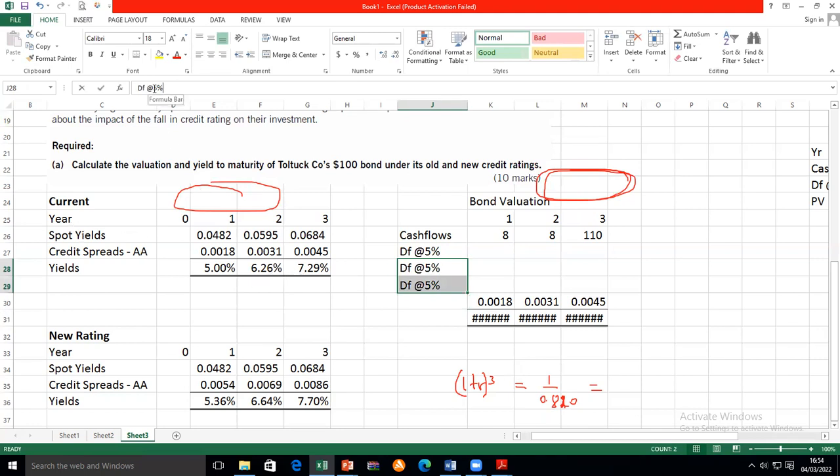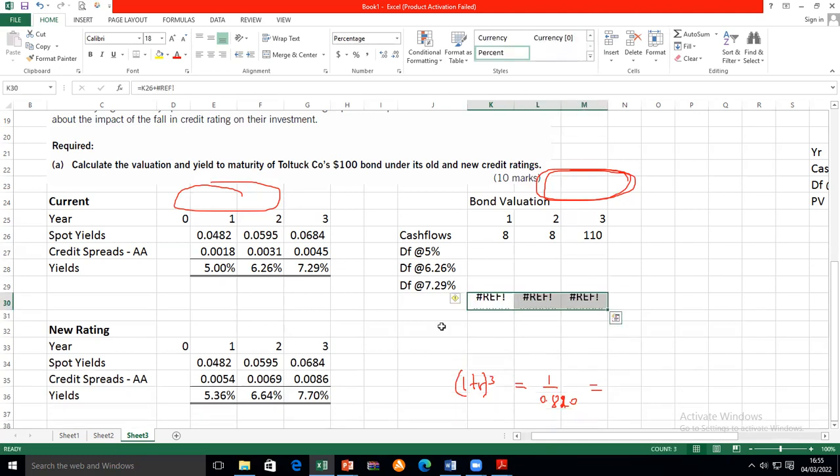Right? Are we together? Yes. What of the last one there? It will be at what? 7.29. Okay. So give me the values now. You need to find the discount factors.